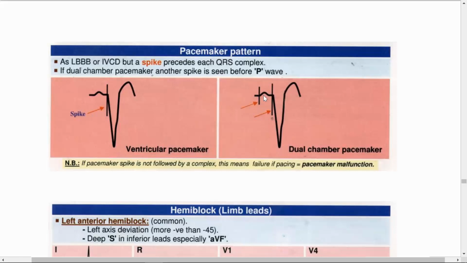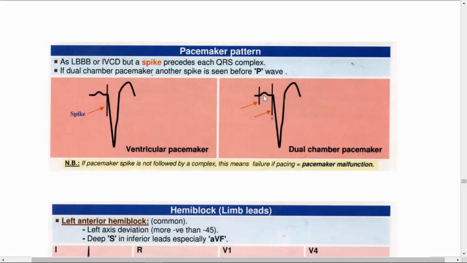It's a problem in the AV conduction. So it will be VVI. This one lead in the right ventricle will sense if there is any atrial activity passing through the AV node to the ventricle. If there is no activity, it will pace. If there is activity passing, it will inhibit itself.